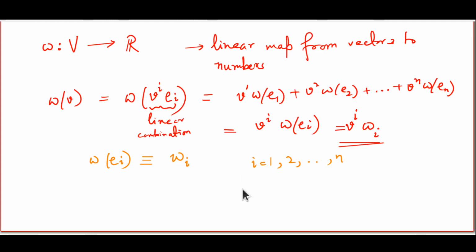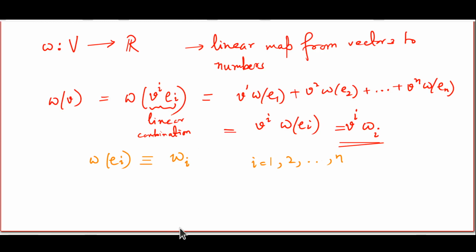It's a contraction omega i vi, and the upstairs downstairs index positioning ensures that after summation you end up with a scalar. Okay, so now we have managed to define the ith component of a covector in a natural fashion. It's just nothing but what omega does to the ith basis vector.